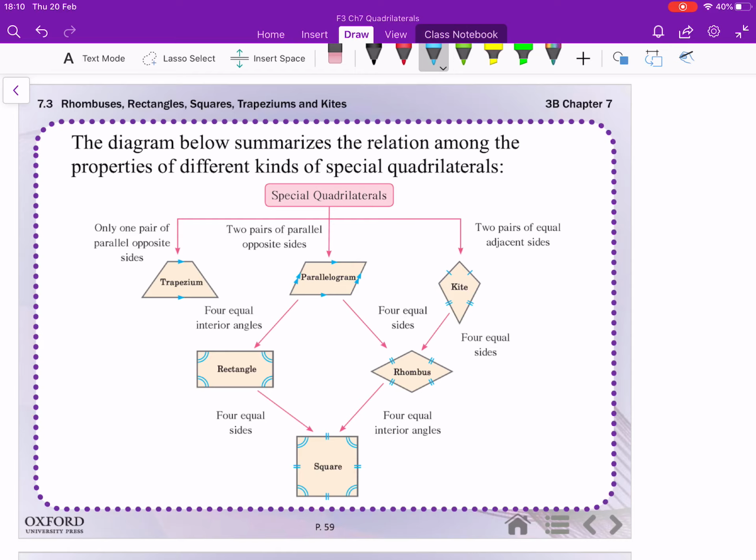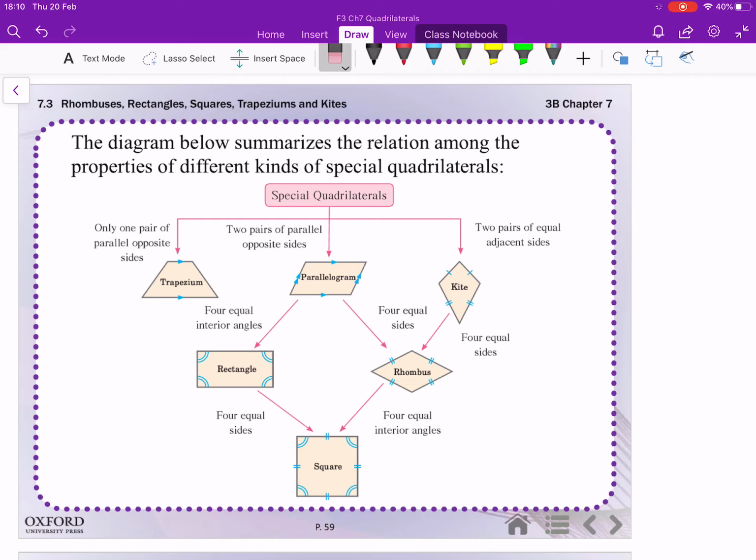For example, the definition of a parallelogram is that opposite sides are parallel, so this one indicates that the opposite sides are parallel. Or for a rhombus, we only indicate that the four sides are equal. So the notations here just mention the definitions of the quadrilaterals, but not the properties.